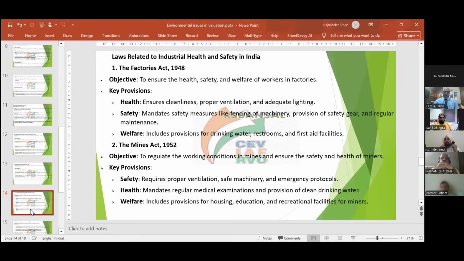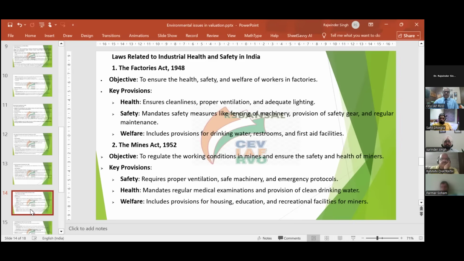Then the laws related to industrial health and safety in India. The first act is the Factories Act 1948. This act deals with the health, safety, and welfare of the workers in the factory. Its key provision is to ensure cleanliness, proper ventilation, and adequate lighting so that the health of the workers is maintained in good condition.